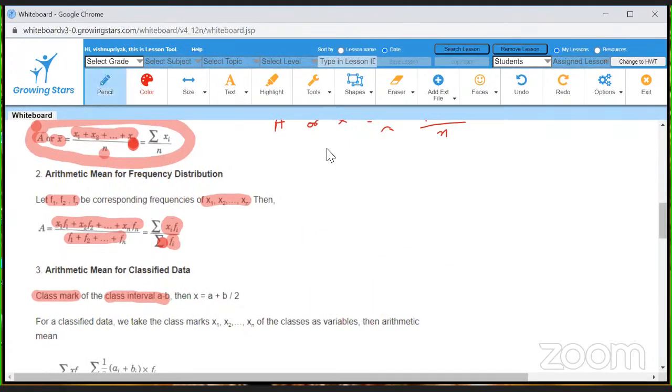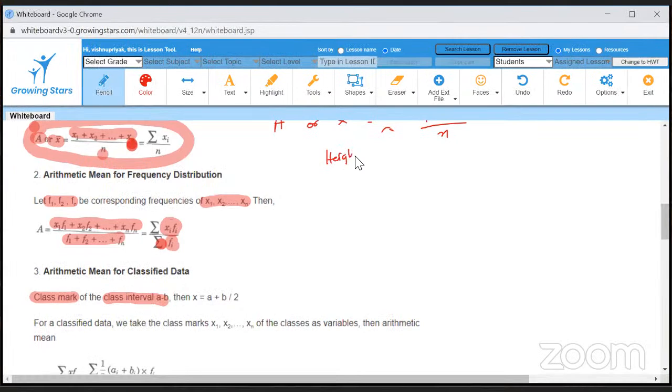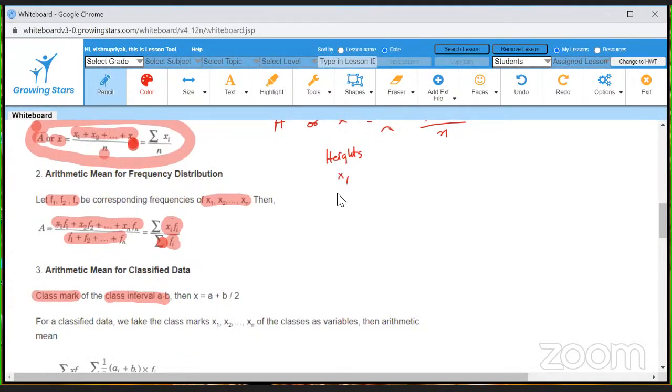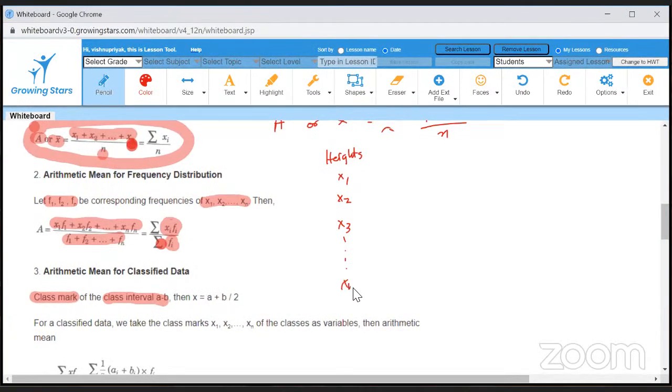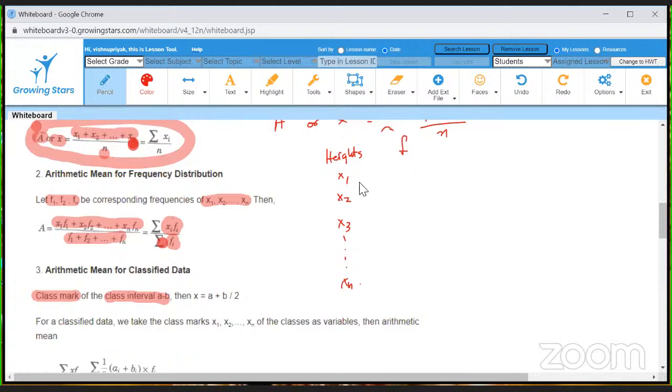Frequency means suppose these are heights of students: x1 meters, x2 meters, x3 meters, xn meters heights. And then you have frequency. Frequency means how many students have x1 meters height, f1 students. How many have x2 meters height, f2. How many have x3 meters height, f3. How many have xn meters height, fn. It will be given to you.